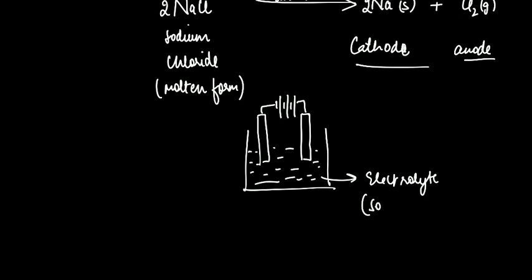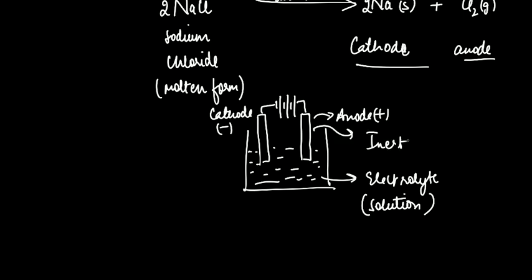So electrolyte is a solution which is going to supply the ions to the electrode, this is cathode, the negatively charged potential, and this is anode, the positively charged potential. So one thing, the material that we are going to use for these electrodes are going to be inert electrodes. Inert in the sense they can be platinum, it can be carbon, it can be graphite, anything, but it's never going to be reactive electrodes.